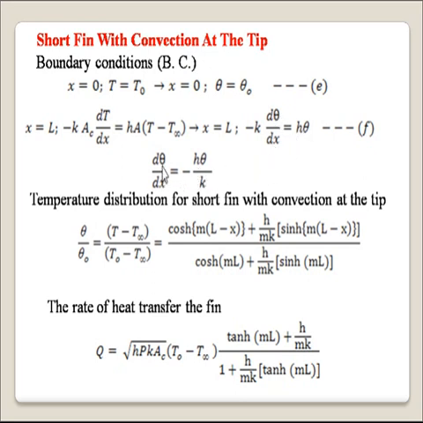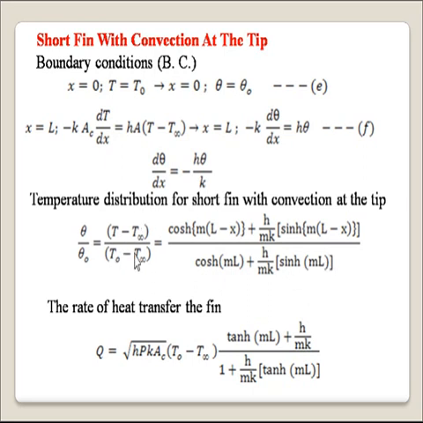So further simplifying, we have d theta/dx equal to minus h theta/k. The temperature distribution for short fin with convection at the tip is theta upon theta naught, equal to (T minus T infinity) upon (T0 minus T infinity), which is equal to cosh m(L minus x) plus h/mk sinh m(L minus x), upon cosh(mL) plus h/mk into sinh(mL).